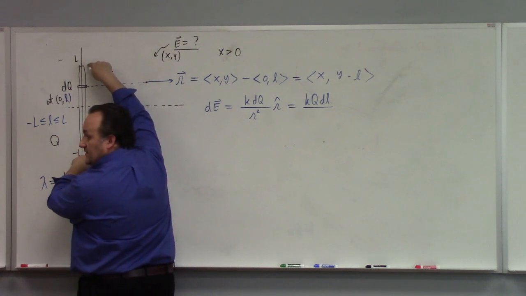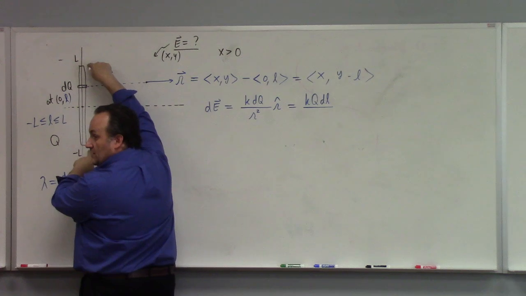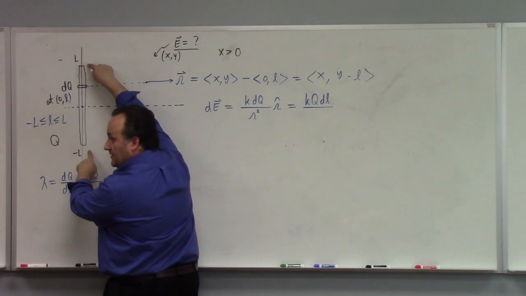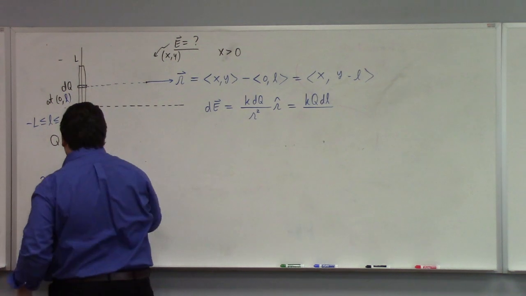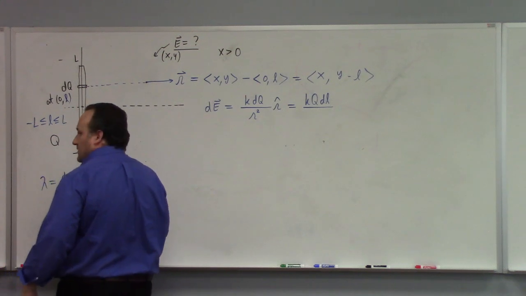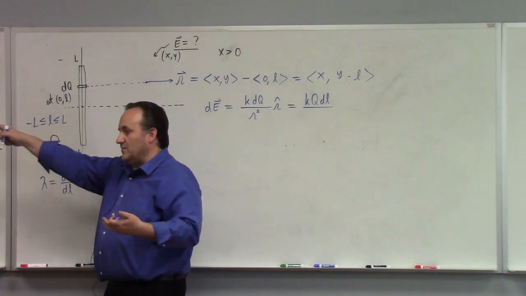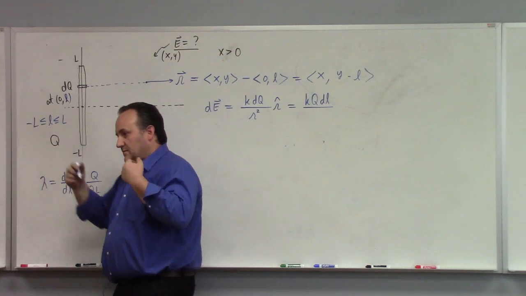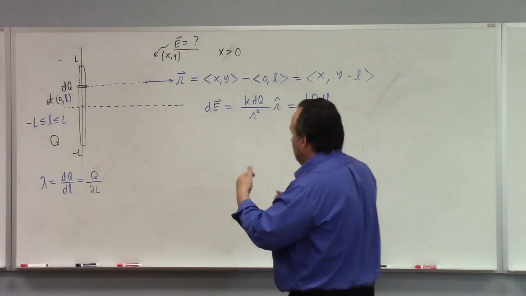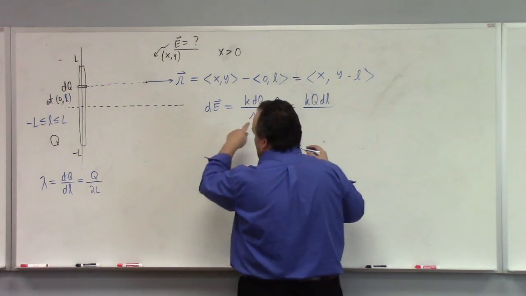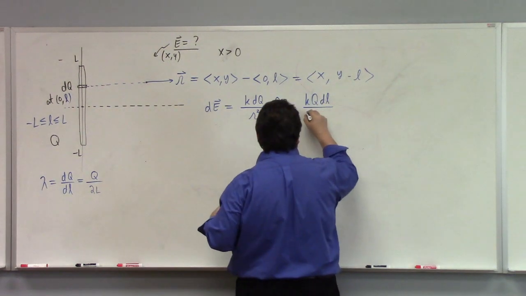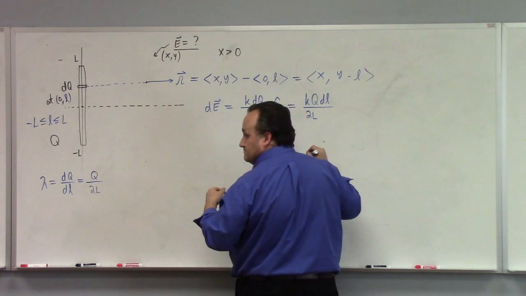It's 2L, right? So this one has 2L, so we write 2L here. Earlier today I did 2 pi r because it was all the way around a circle. This one we did L because it was distance L. We have to think about that. Anyway, so my dq is Q over 2L dl.